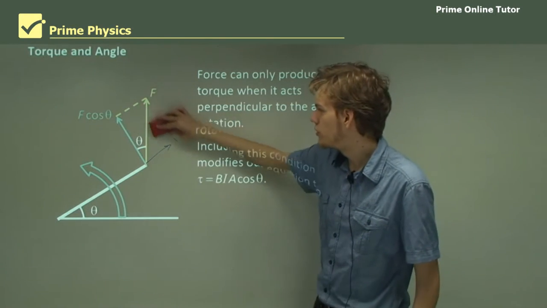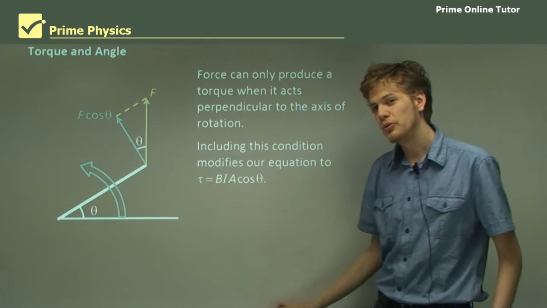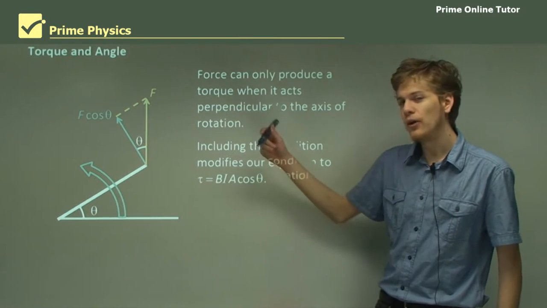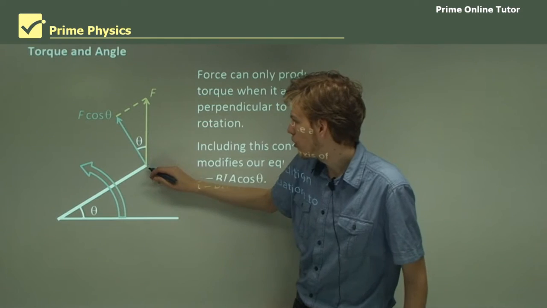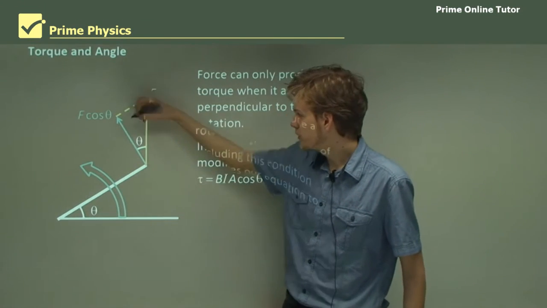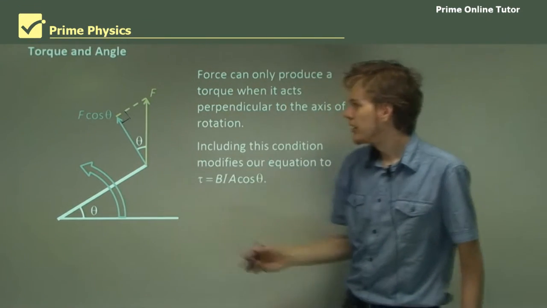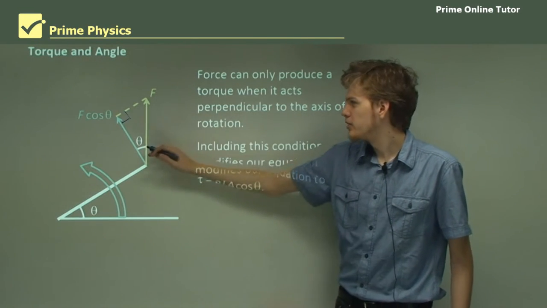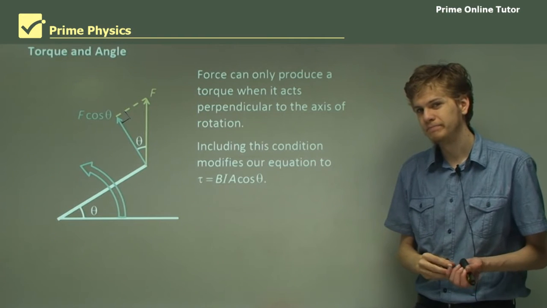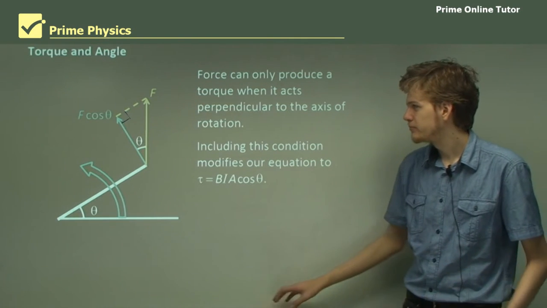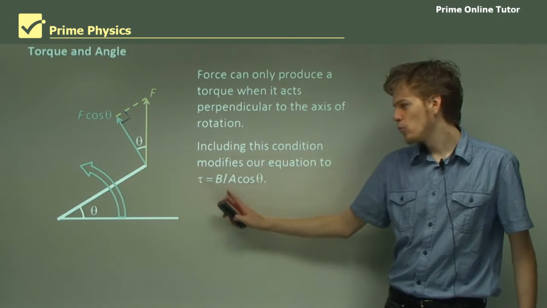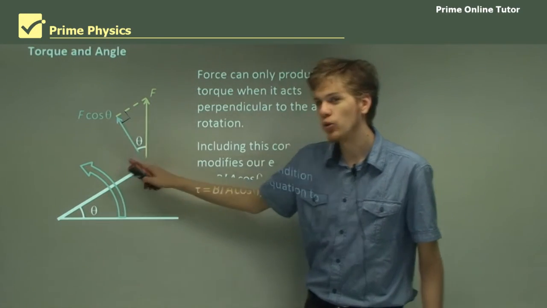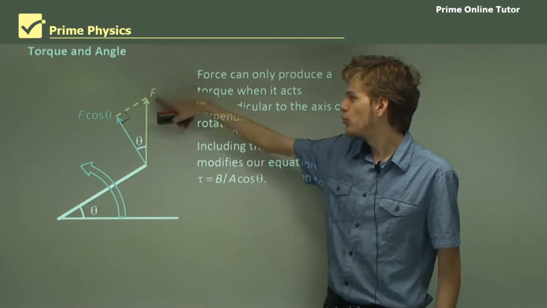And of course, we can use our trigonometry rules, sine and cosine and that sort of thing, in order to figure out that the magnitude of the blue line, assuming this is a right angle, is going to be the magnitude of the hypotenuse times the cosine of theta, right? And so that will be what's in our equation. This force here is what's causing the torque, not this force here.